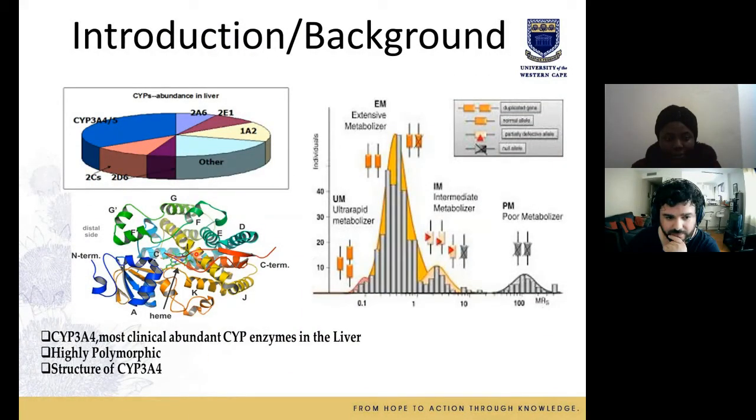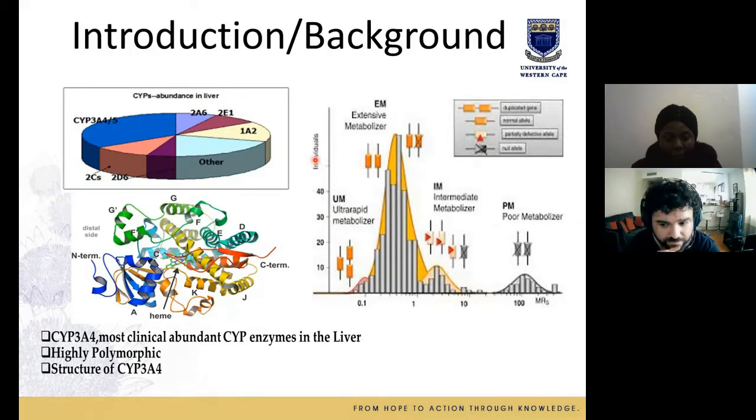CYP3A4 is the most clinically abundant drug metabolizing enzyme, as shown in the picture here. Its structure uniquely differs from other cytochrome P450 enzymes with its truncated G and F helices and the unique phenylalanine cluster forming a part of the active site. CYP3A4 has been reported to be highly polymorphic.